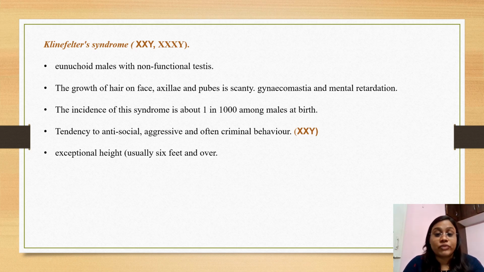There is development of breasts like a female, gynecomastia, and there is a mental retardation component also. The incidence is 1 in 1,000 among males, and a person having XXY karyotype has a tendency of antisocial, criminal, and aggressive behavior. And these males have exceptional height, more than 6 feet.